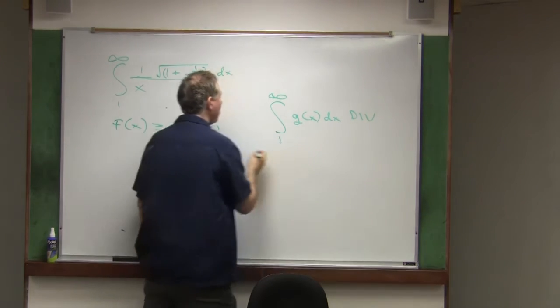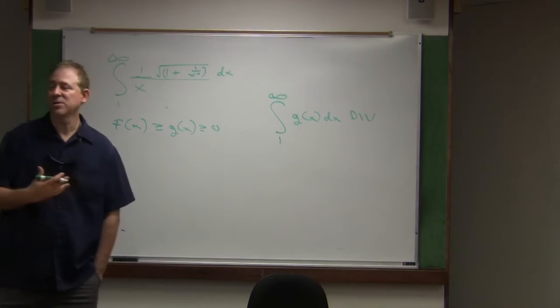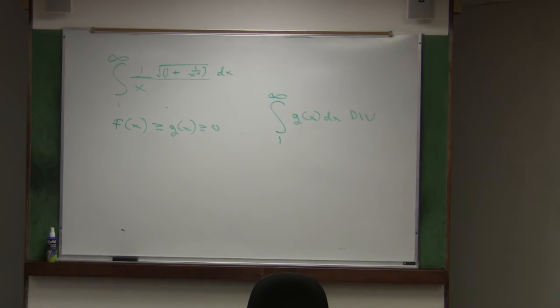What if the smaller one diverged? What would you think of the larger one? It would diverge, right? Yes. So if the smaller diverged, the larger would diverge by a basic comparison.